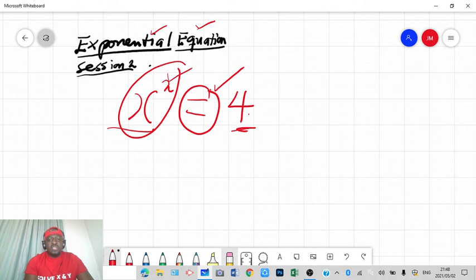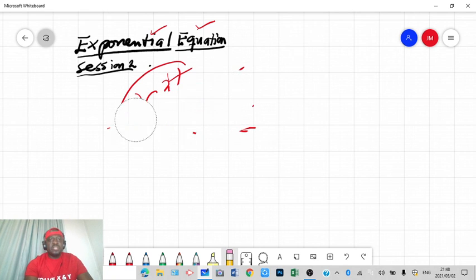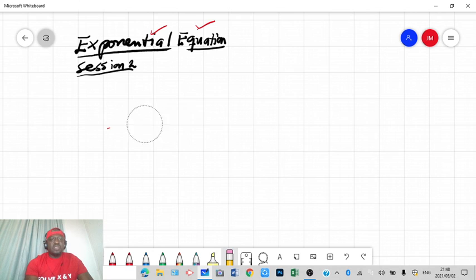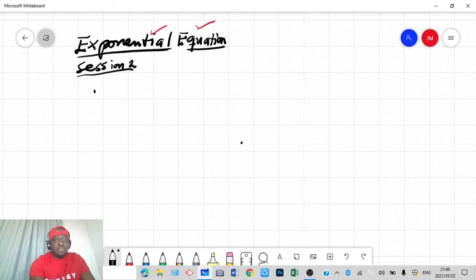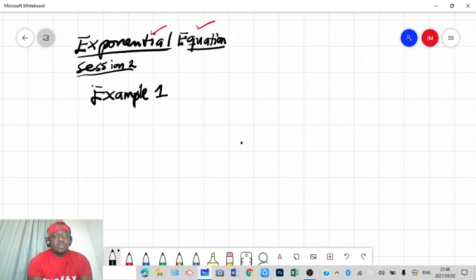So we will tackle the first example, which is the basic example that you may have dealing with exponential equations. So my example 1 will be x to the power 5 over 2 equals 32.